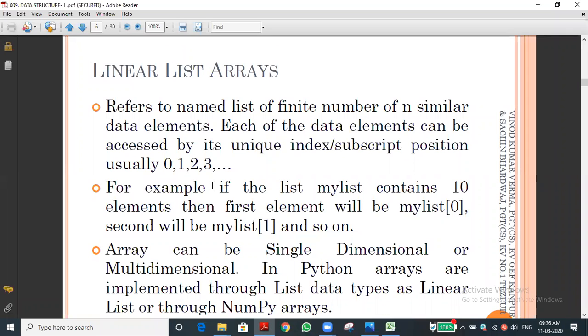What does array mean? We are storing similar type of data. For example, a list: how are we storing the elements? Are there any rules to store the elements? Is only one data type possible, or can we store multiple data types in a list? We can store multiple data types, sir.